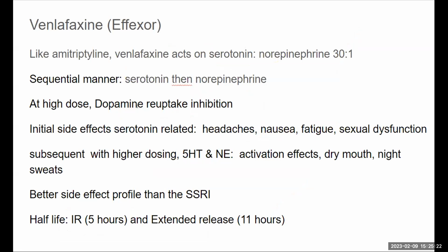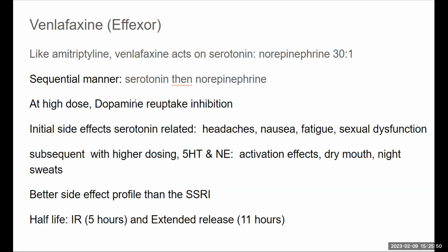So in SNRIs, we have venlafaxine. Like amitriptyline, it acts on both serotonin and norepinephrine, but the relative effect of reuptake inhibition is 30 times more for serotonin compared to noradrenaline. And that too is sequential, so once it starts acting, it preferentially works on serotonin first and later on norepinephrine.